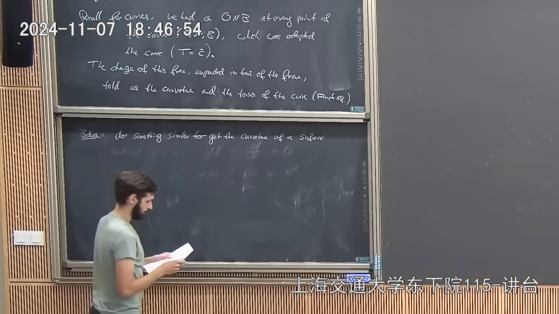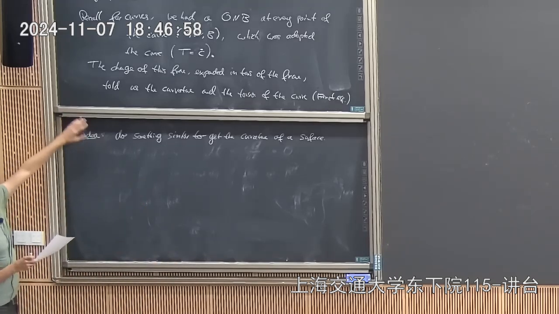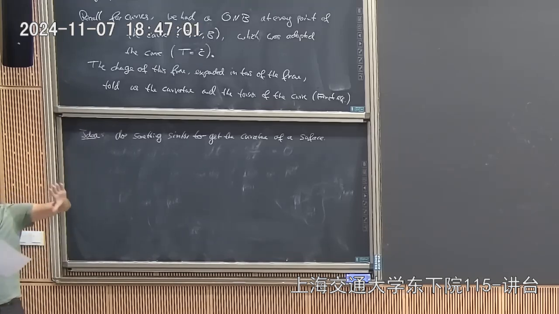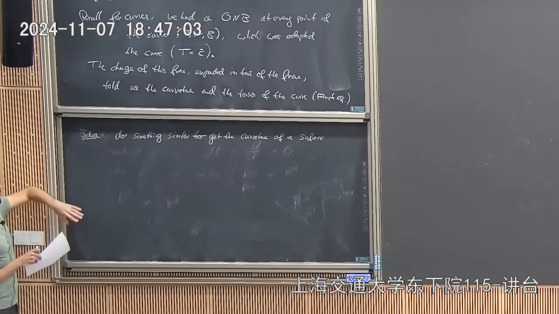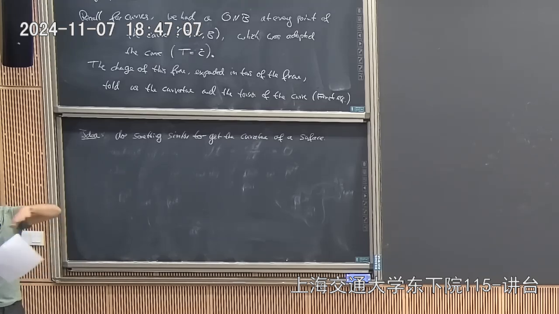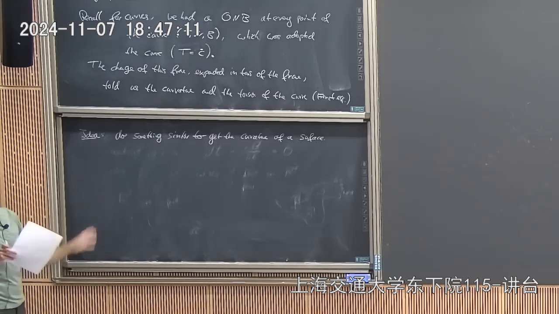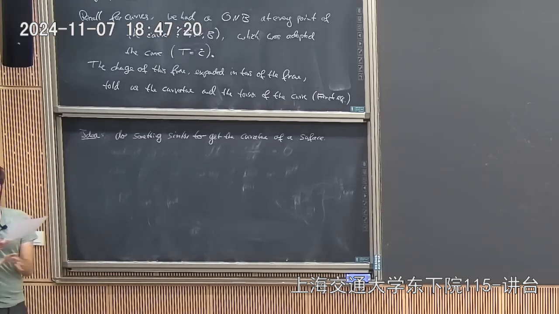So we would like to choose a frame, and that frame should be adapted in some way to the surface. And then we would like to express how that frame changes as we go along different directions. From that equation, we want to calculate that change, and express it in terms of the frame again. And then the coefficients should tell us something about the curvature of the object that we study.